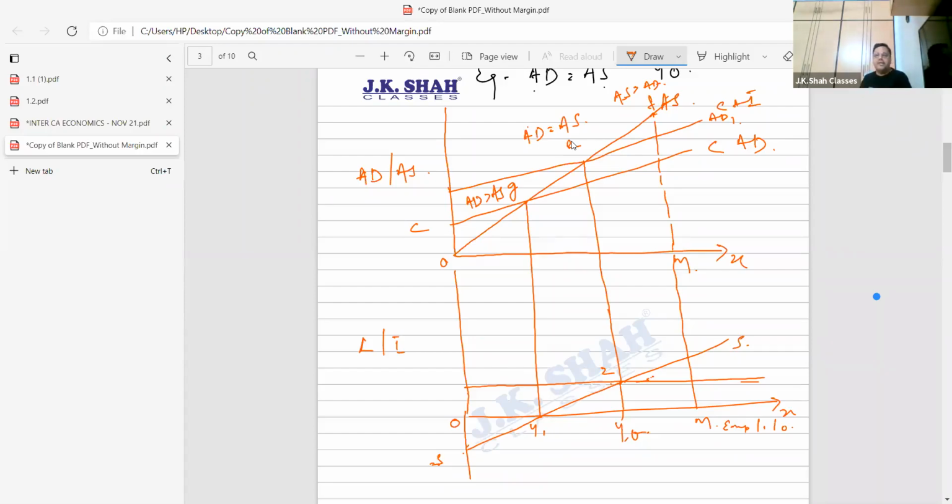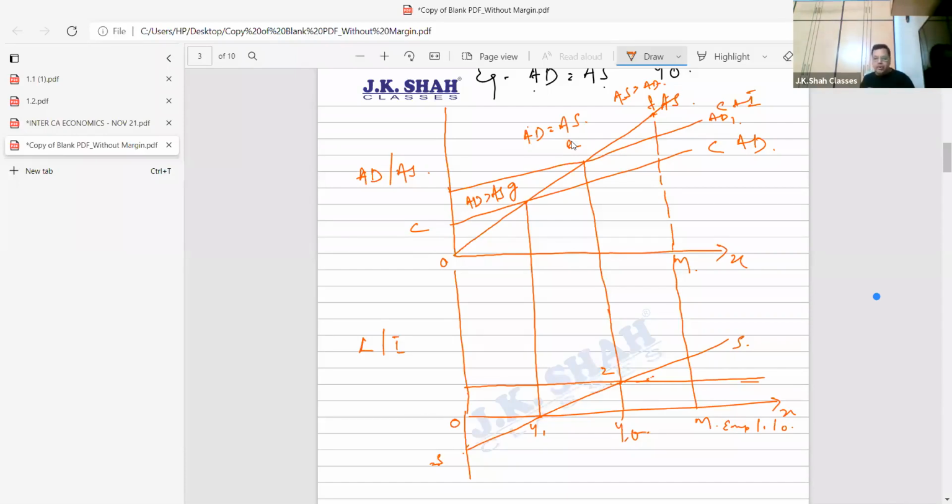But here the investment I'm talking about is made by the government, without the intention of profit, but to provide job opportunities to the people. This is autonomous investment. That is why it is horizontal.